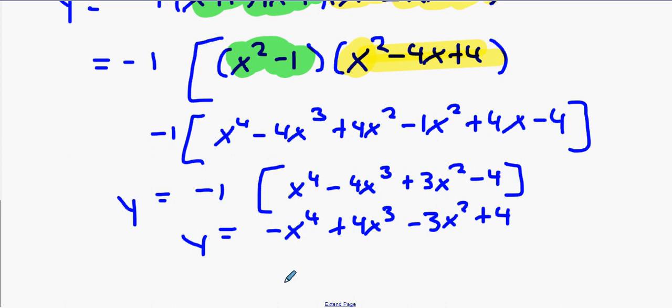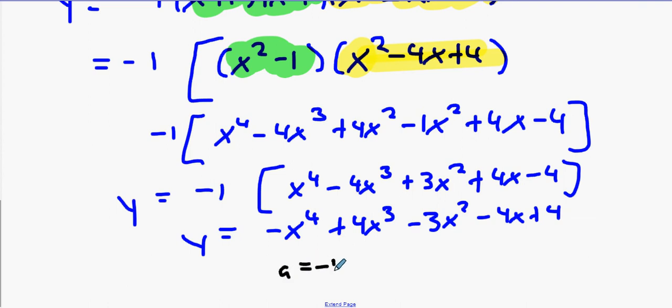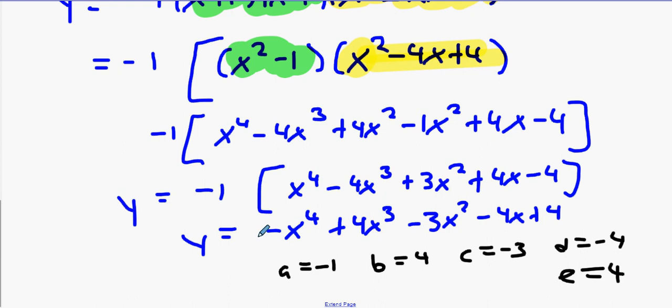Multiply that part by minus 1, you get minus 4x and plus 4. Alright. A equals minus 1, B equals 4, C equals minus 3, D equals 4, and E equals minus 4.